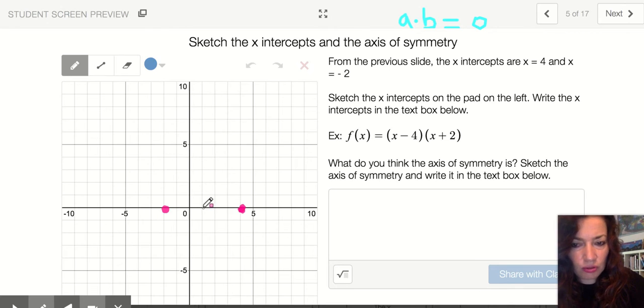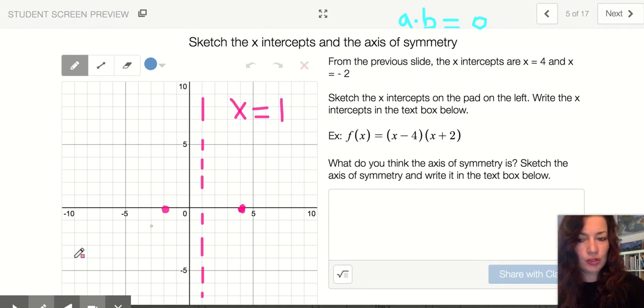So 1, 2, 3 to the left or 3 to the right from any point. It looks like our axis of symmetry is at x equals 1. If you thought x equals 1 as your axis of symmetry, then you are right, because that is exactly halfway between our two intercepts.